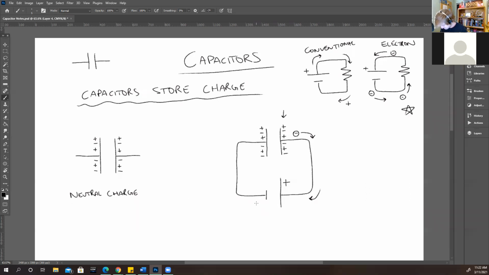So one electron is kicked out, and it's right next to this negative side of the battery, and it doesn't want to be there at all. So it would rather get very far away from this negative side. So it will go that way, down the wire, and it will eventually be placed on this side of the capacitor.